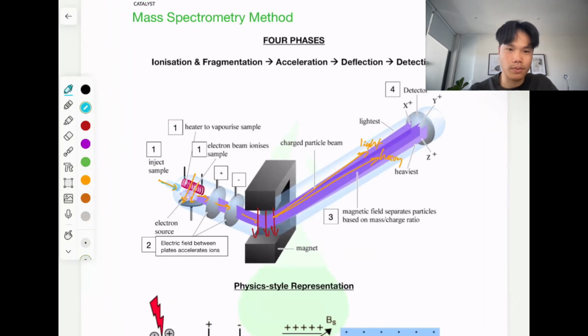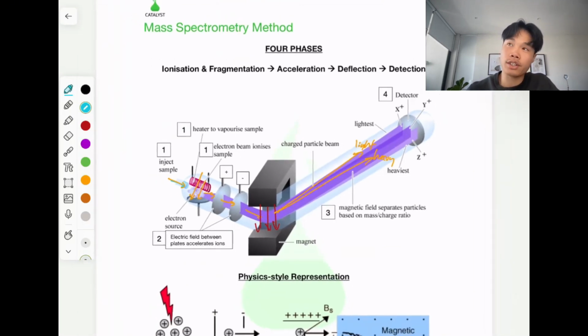Actually, I think there's some way of doing the maths, and the mass spec process does that for you. The detector detects the abundance. It doesn't tell you the mass per charge.